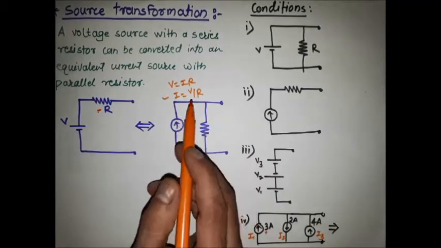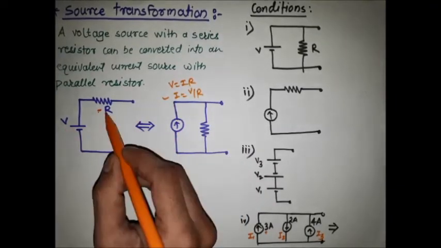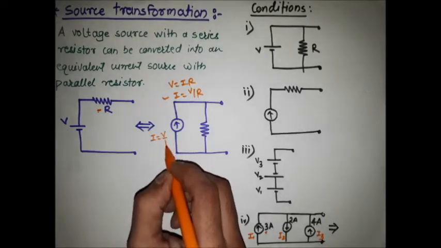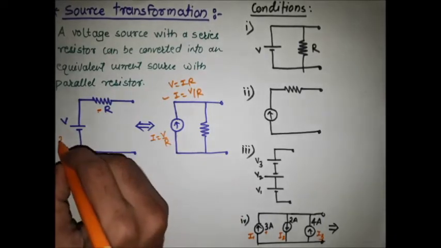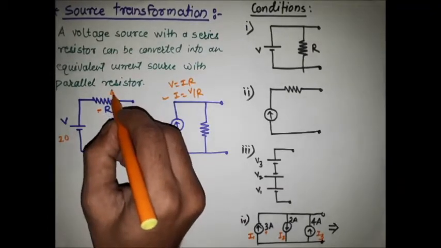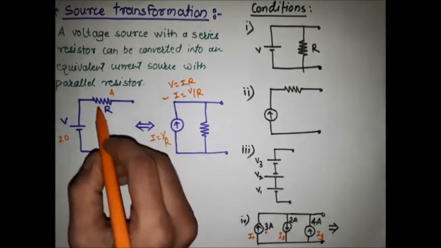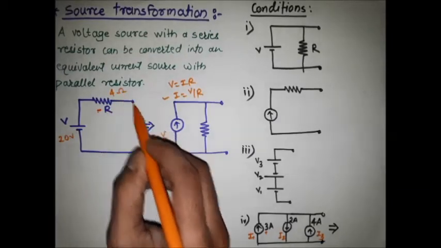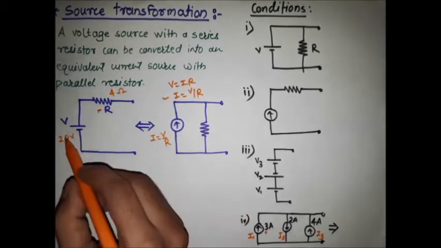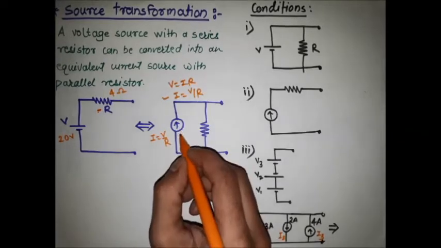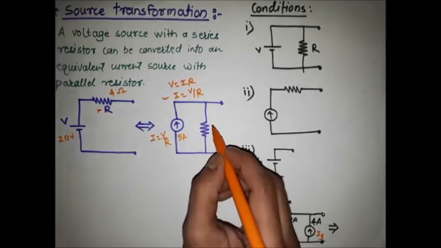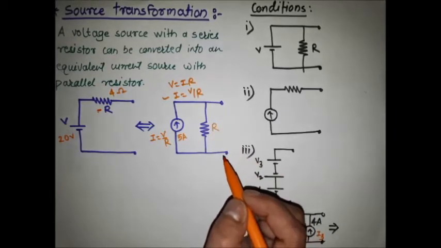See here, we know the voltage and the resistance, so simply the current will be I is equal to V upon R. If the voltage is 20 volt and the resistance is 4 ohm, then the current will be 20 upon 4, that is 5 ampere. And we are not changing this resistance, we are putting the resistor as it is.